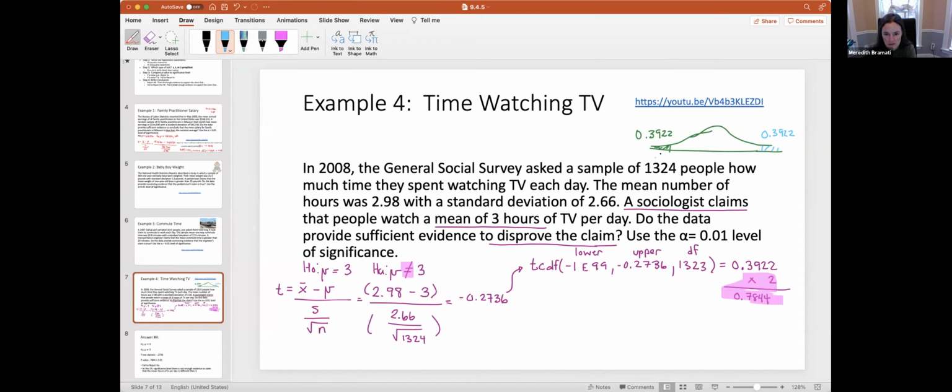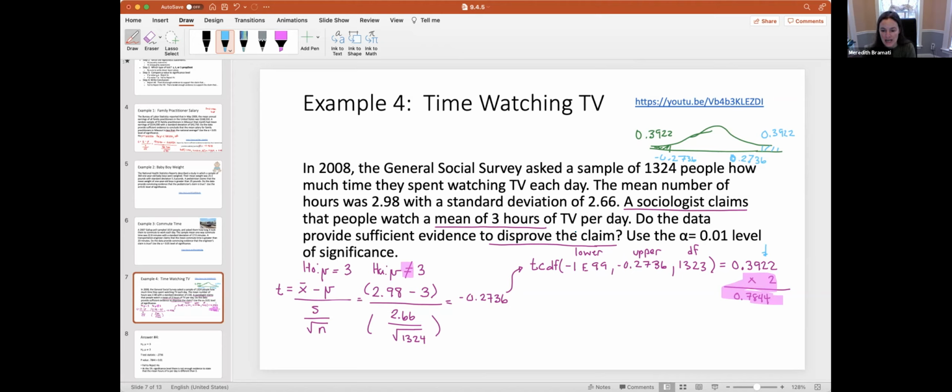The negative 0.2736 has a 0.3922 tail, and the positive 0.2736 at the top is exactly the same. So there's a positive and a negative. If I put in 0.2736 and 1e99 with the same degrees of freedom, it's going to give me the same exact p-value. So I just take the value that I found and multiply it times 2. It's a much simpler and faster process.